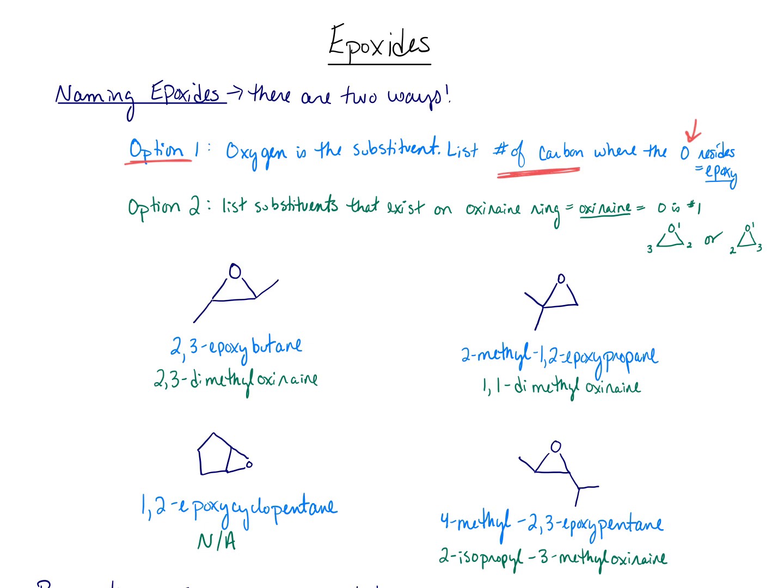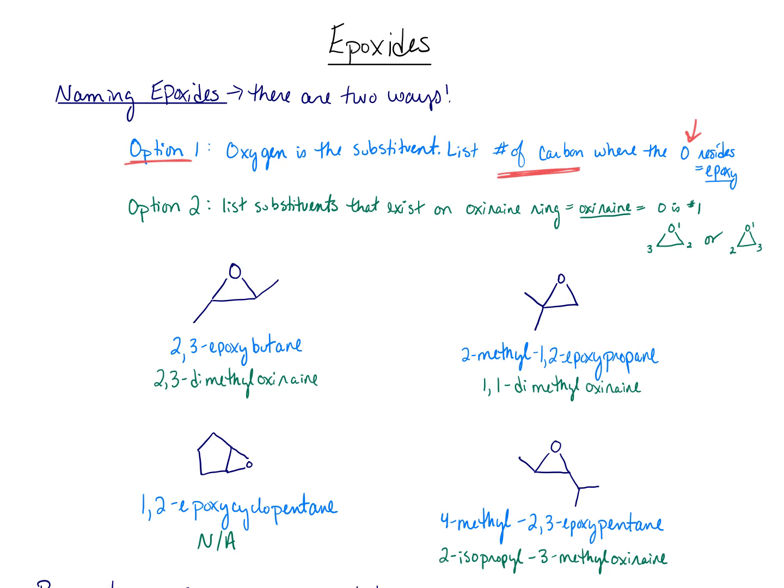Okay, so I'm going to go through that first with all four of the examples that I put below for you. If we consider 1, 2, 3, 4 carbons here, that would be a butane. And we would put in front of that 2,3-epoxy butane, because that is what's going to give you that name.